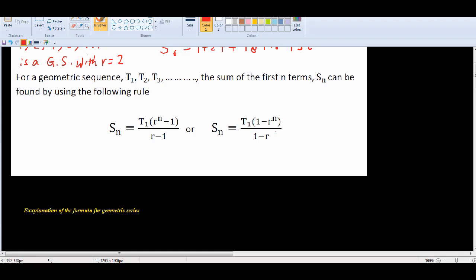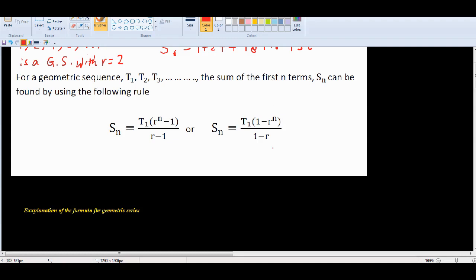For the one on the right hand side, you just swap R to the n minus 1 with 1 minus R to the n. Of course, the numerators are different by swapping the two terms.